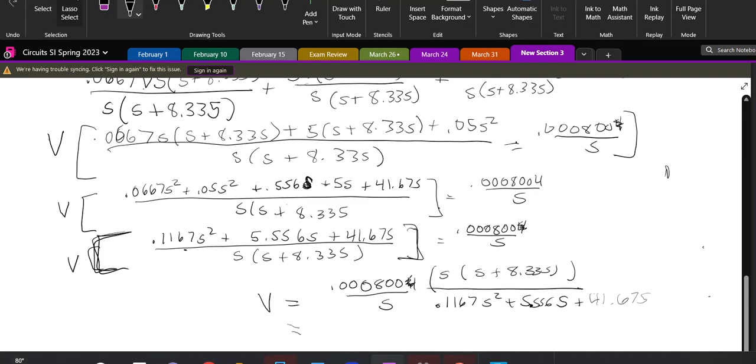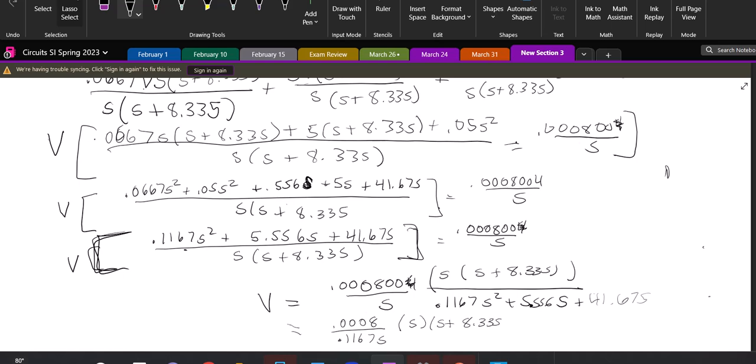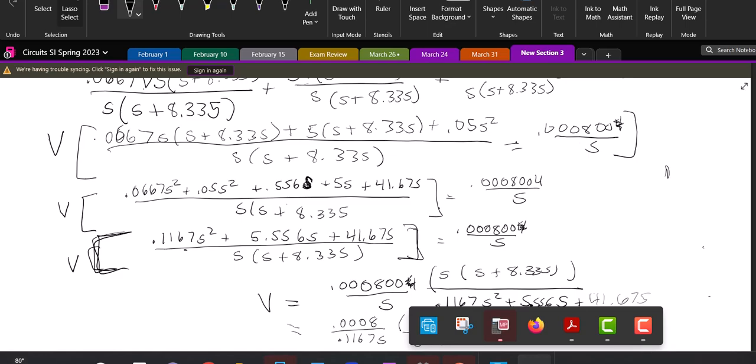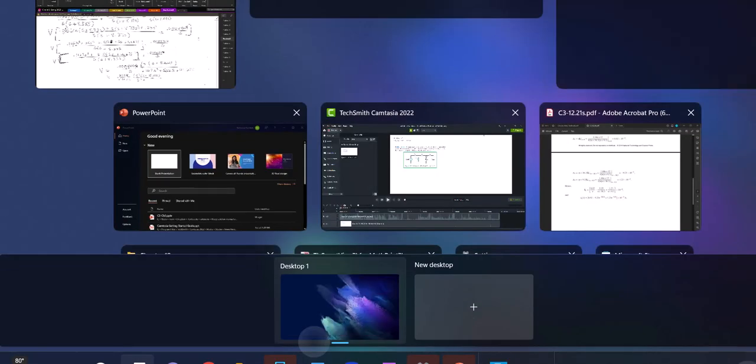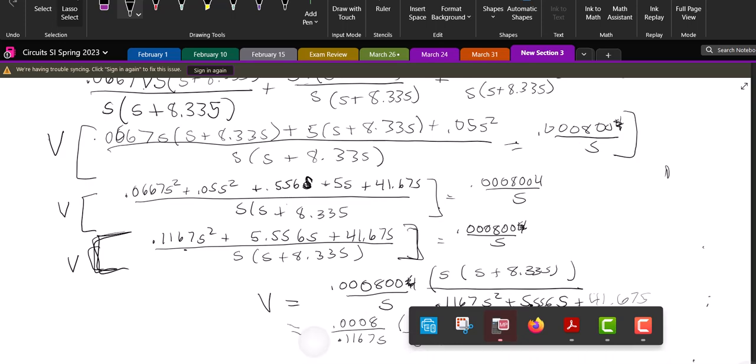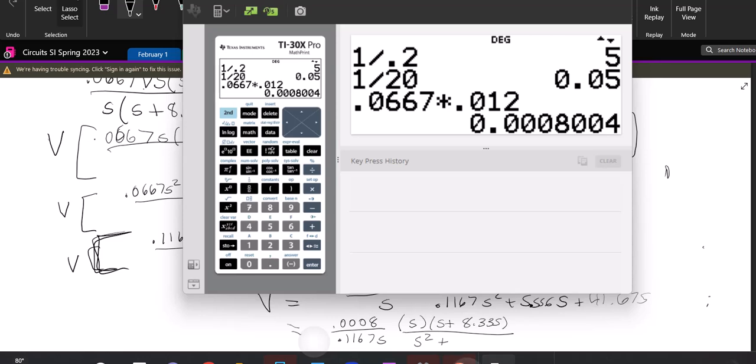So I will have 0.0008 over 0.1167s, and then I have s times s plus 8.335 over s squared plus, now I'll take 5.556, whatever. 5.556.